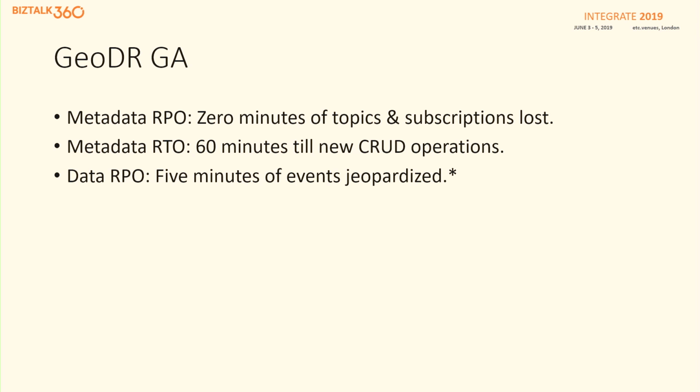your endpoints, if your system is healthy, we give an RPO to plan around of about 5 minutes. The reason there's an asterisk there is it depends on how your system is performing at the time of failure.